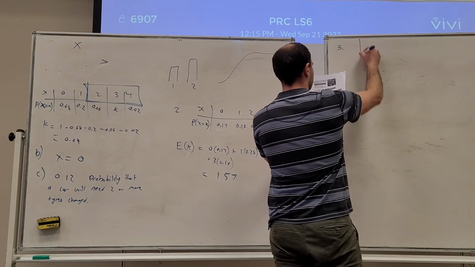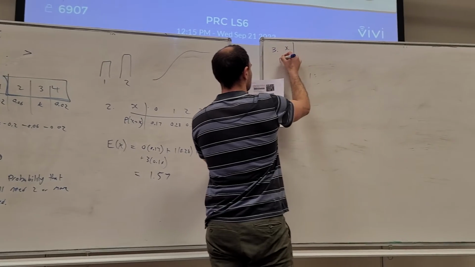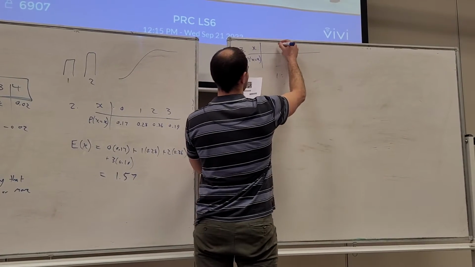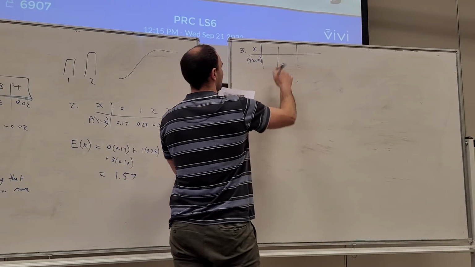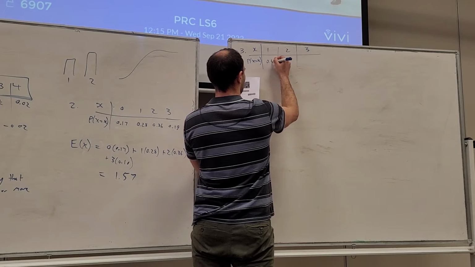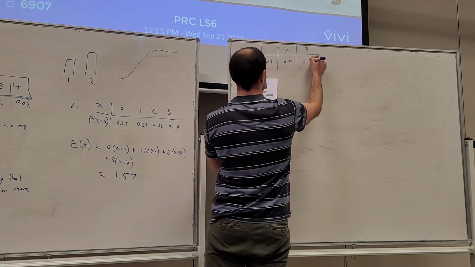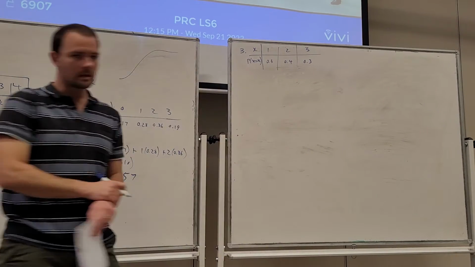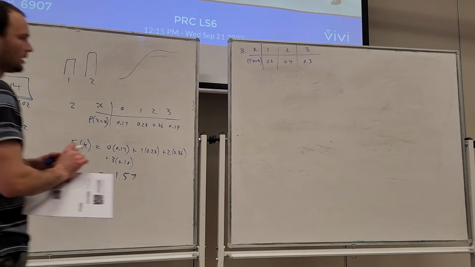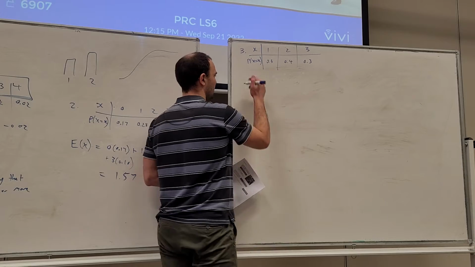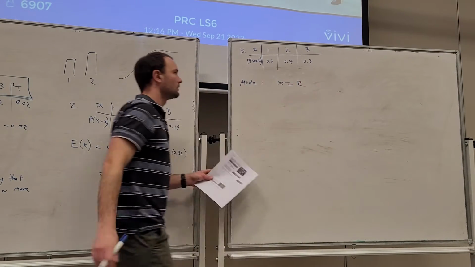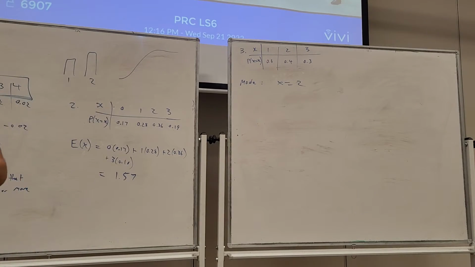Okay, number 3. Calculate the mean, median, mode, and standard deviation for this distribution. All right, so the mode is the event that has the highest probability, corresponds with x is 2.